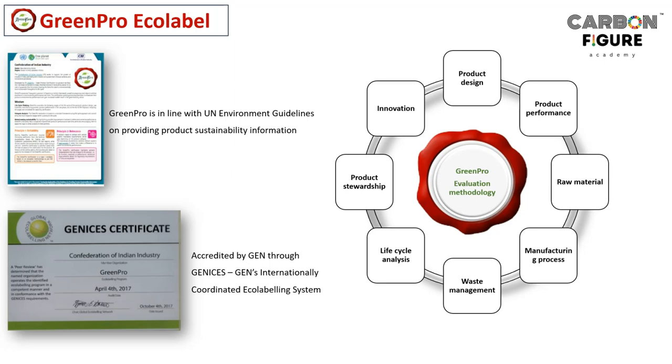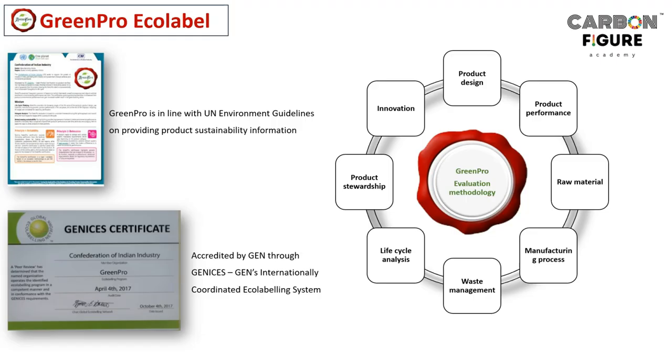There are 8 categories based on which a product is evaluated and certified as a green product. Are all 8 mandatory? No. There are certain mandatory things, and certain optional things as well, right? Life cycle analysis, where we can clearly understand the carbon footprint or environmental footprint, is still optional only.